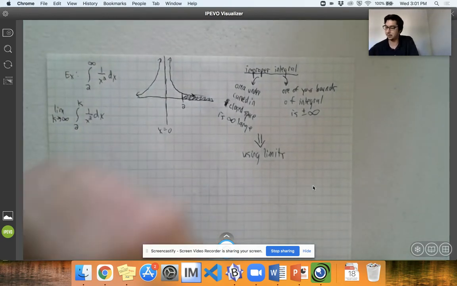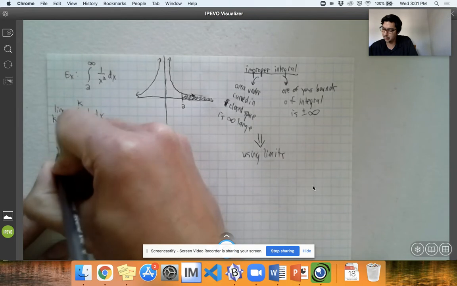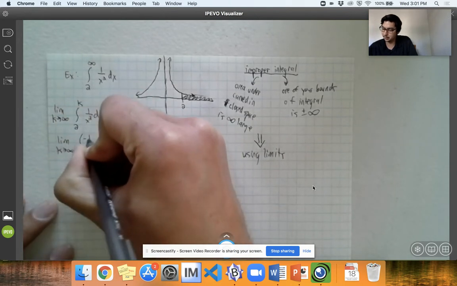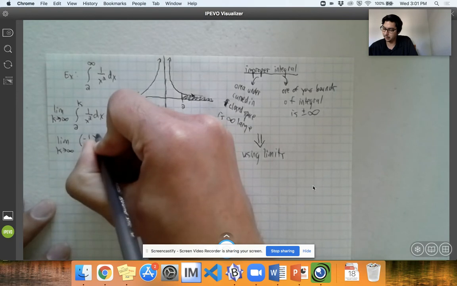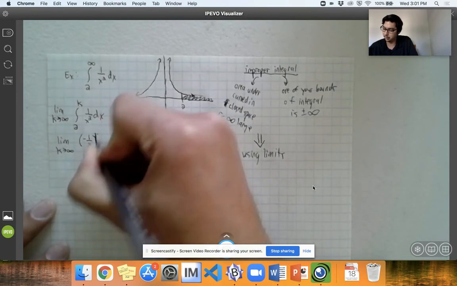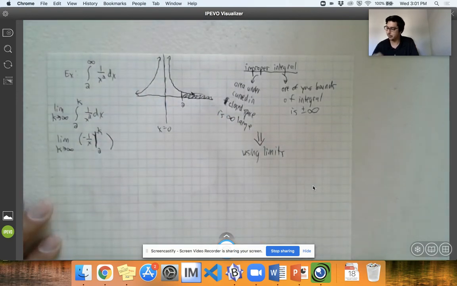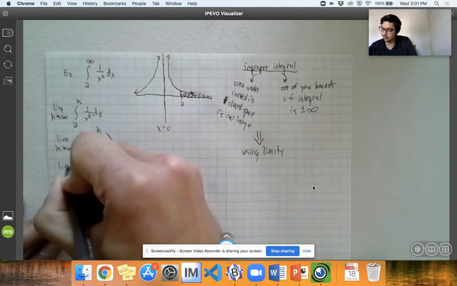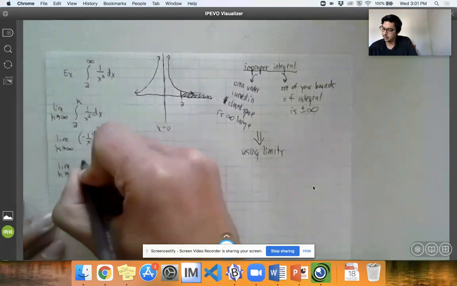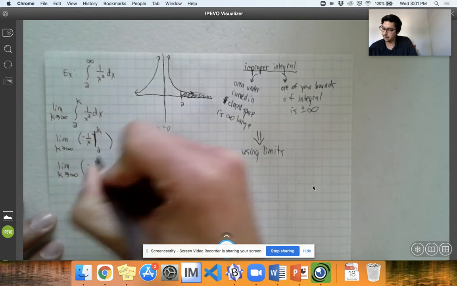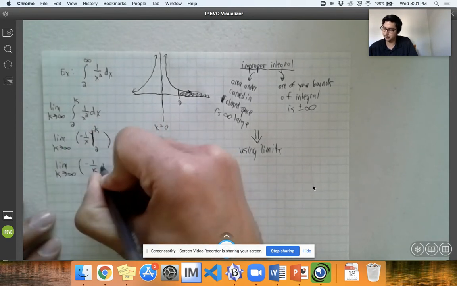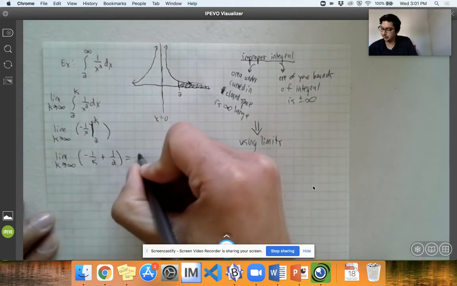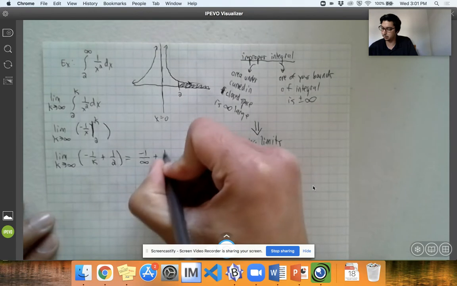And now we can solve this. So the limit as k approaches infinity, the antiderivative there again is negative 1 over x. And we're going from 2 to k. So what you end up getting here, if we evaluate the limit, well, let's not evaluate it yet, go one more step, is we'd have negative 1 over k minus a negative, so that's going to be plus 1/2, in which this is now going to give negative 1 over infinity plus 1 over 2.